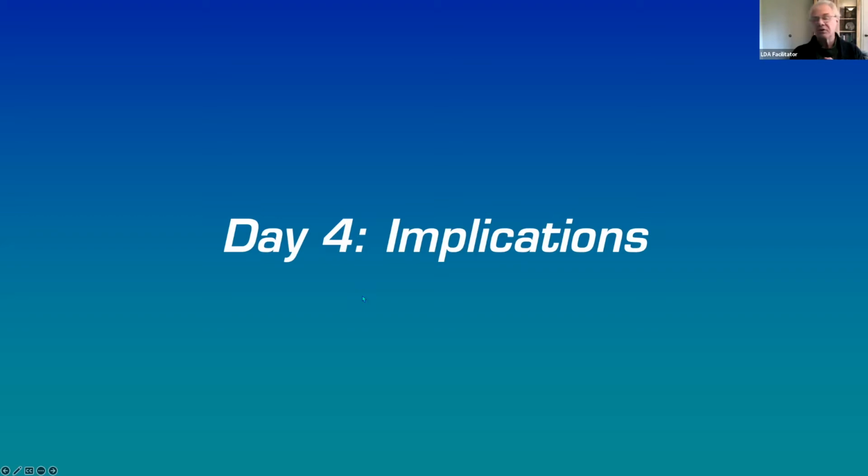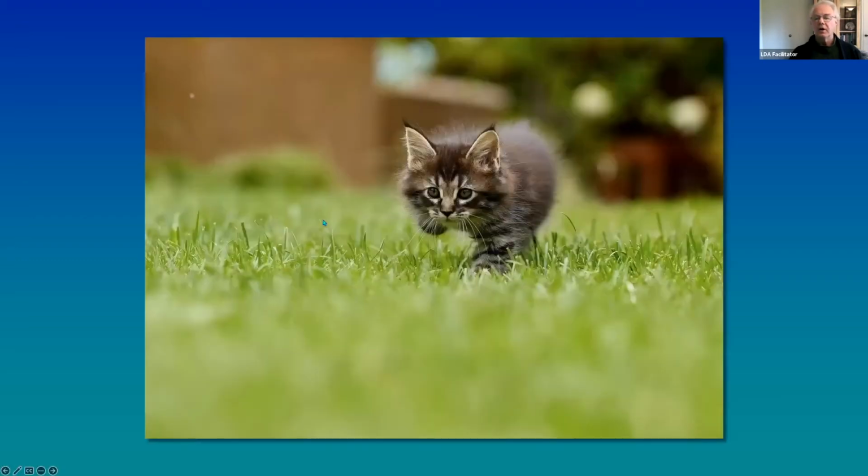So what I want to do today is look a little bit at what's coming. Really what I'm looking at is what we have found out about cognitive science since the 80s.